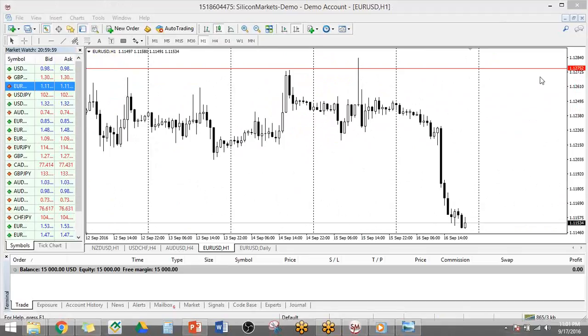But let me just give you an idea. Some brokers say that they're STP accounts, but they're actually market maker accounts. So I really want you guys to know your broker well before you trade with them. Most of the time, if you're experiencing a lot of requotes, that would probably be a market maker account. ECN accounts should not have requotes, because you're going straight to the liquidity provider.